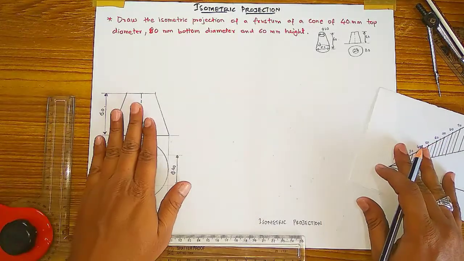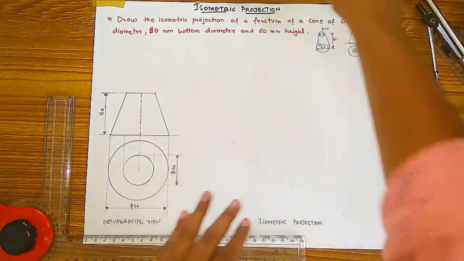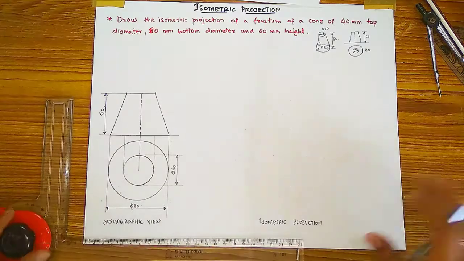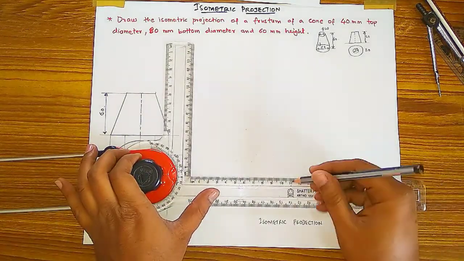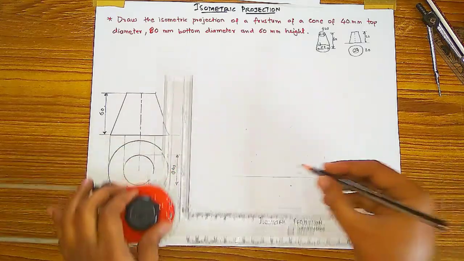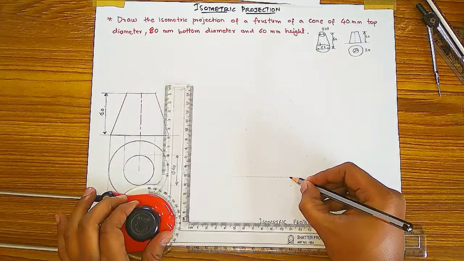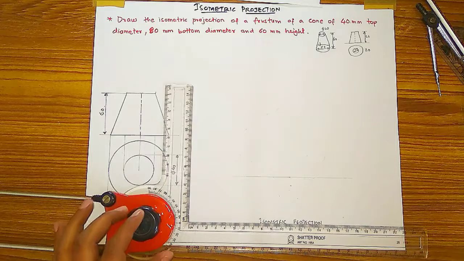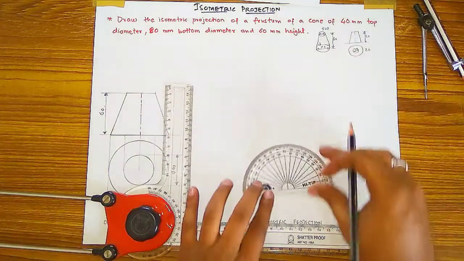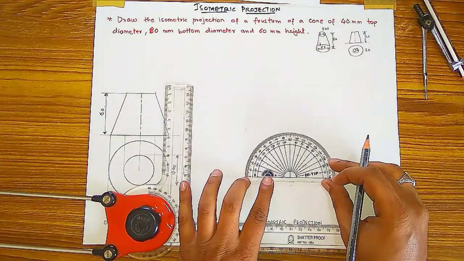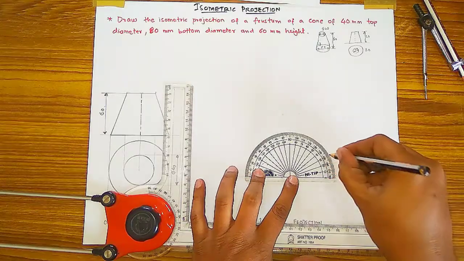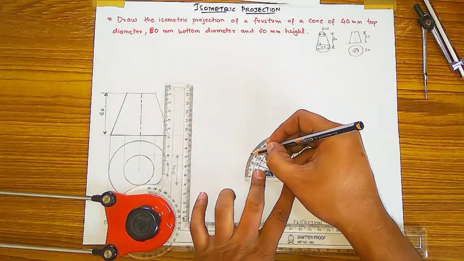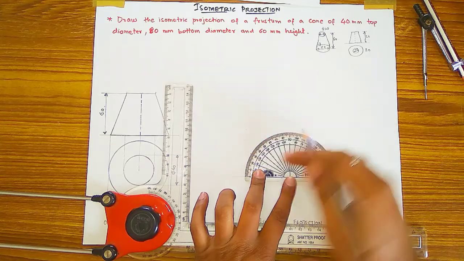Then after completing the orthographic view, we have to draw the isometric view. So how to draw? First we have to take a normal line or an imaginary line like this. Take a dot anywhere on that line, keep your protractor on that point correctly, and take an angle of 30 degrees from here, put a dot, and from here also take a 30 degree angle and put a dot.